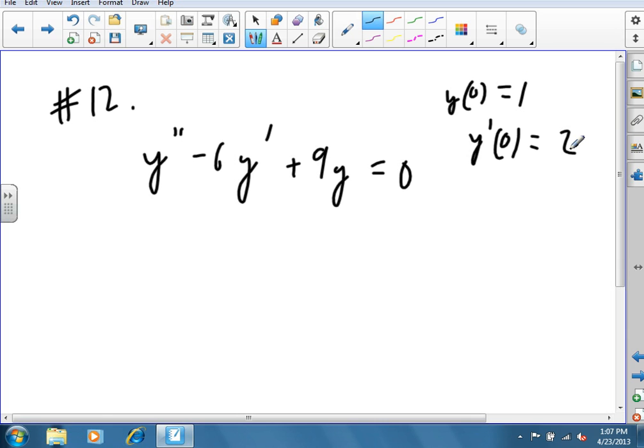Now, what physical problem is a second derivative problem? Well, two come to mind. One is a spring. So if I pull a spring down, it has an initial position. Y at 0 is 1. It has an initial velocity if I push it up with an initial velocity of 2. So y prime at 0 would be the initial velocity.